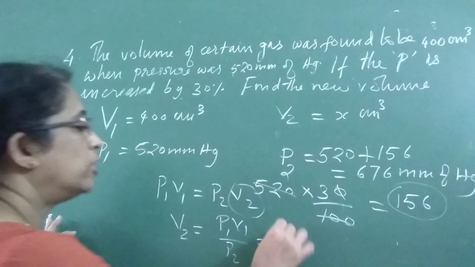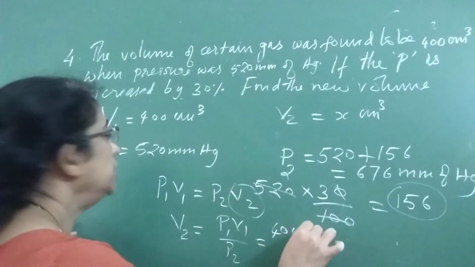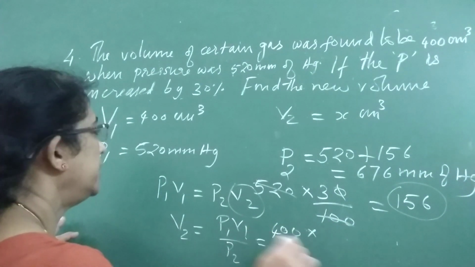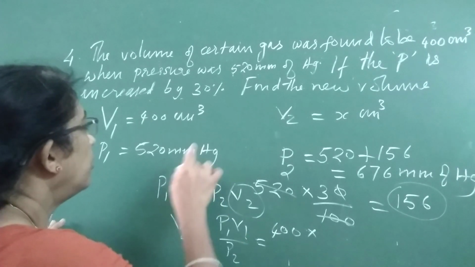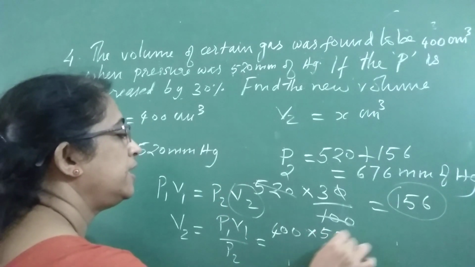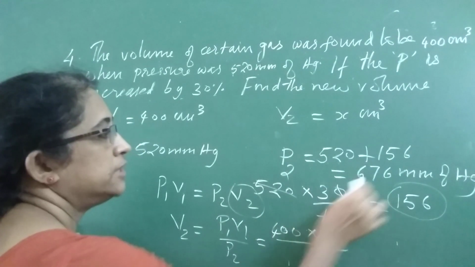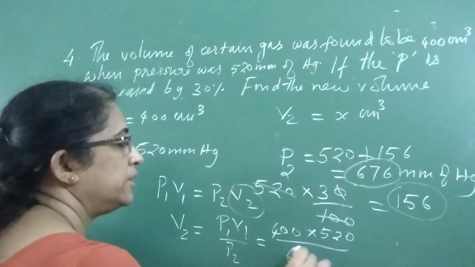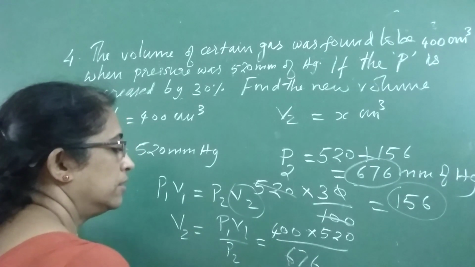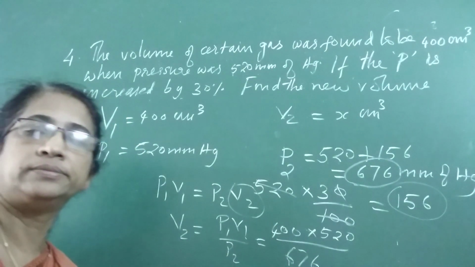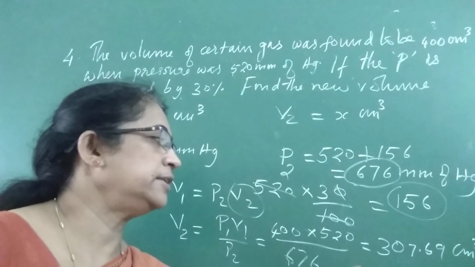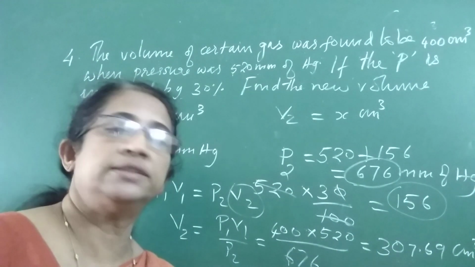V1 is 400 cm³ into P1, 520 mm of mercury, divided by final pressure 676 mm of mercury. The answer is 307.69 cm³.